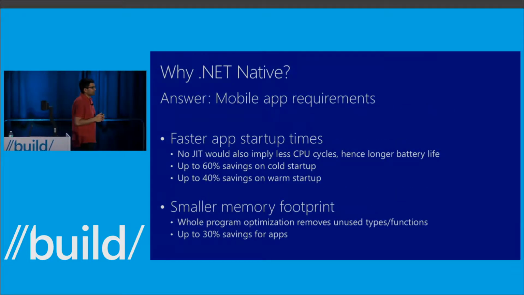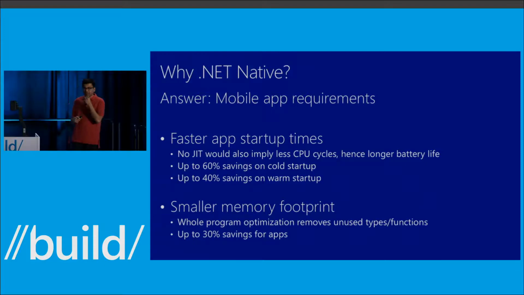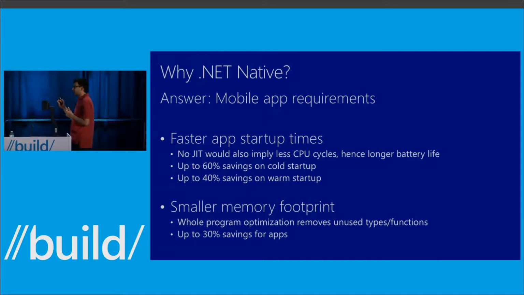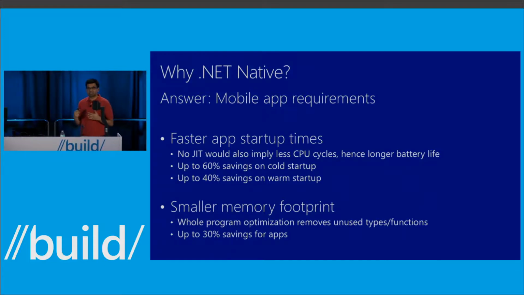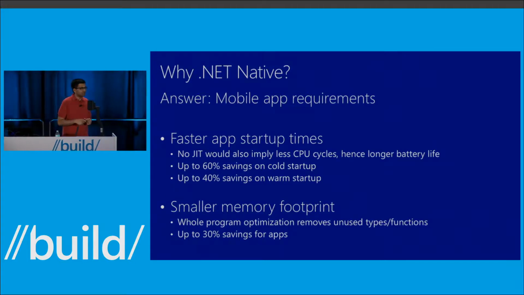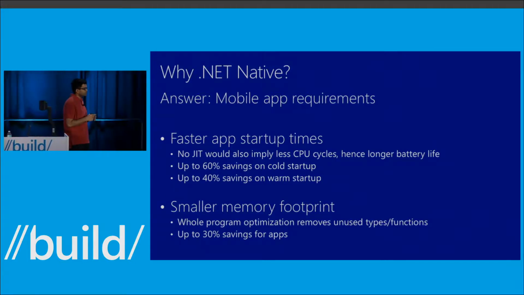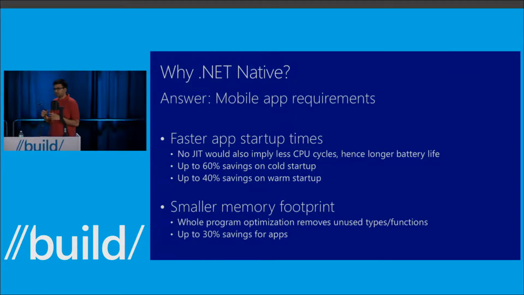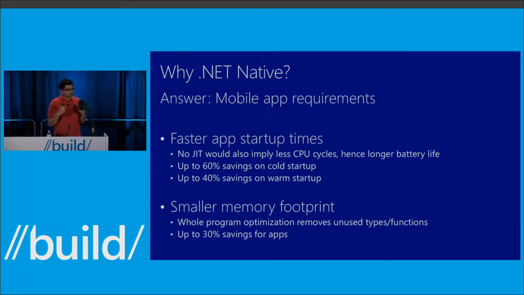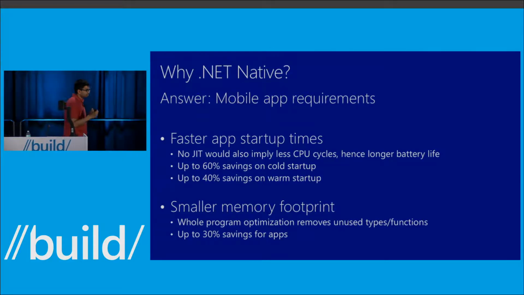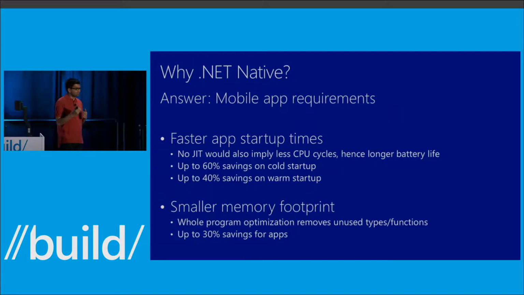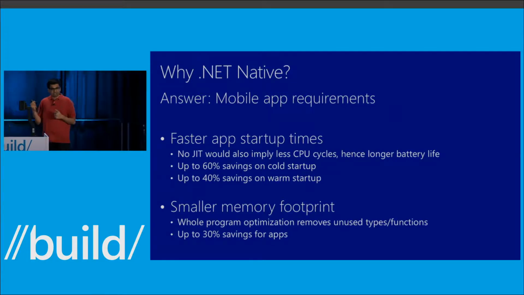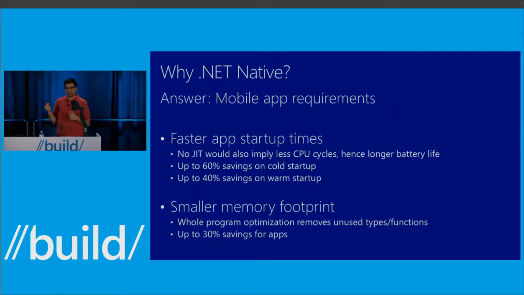So you might ask the question, why .NET Native? And there are multiple facets of this particular question that I'm going to try to address here. The very first thing is mobile apps today, and the apps that you would particularly build for Windows 10, universal Windows apps, have a certain set of requirements that's different than what you would have expected from a typical Win32 style desktop application, let's say a WPF application.